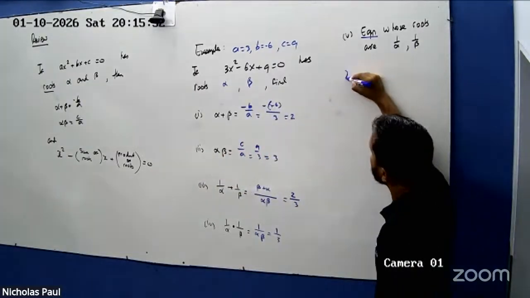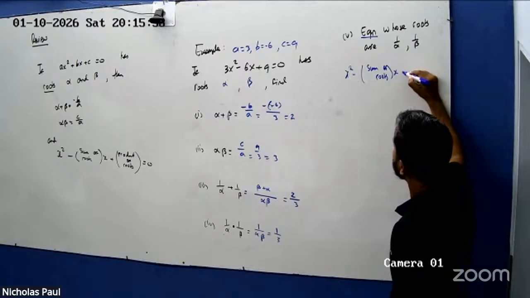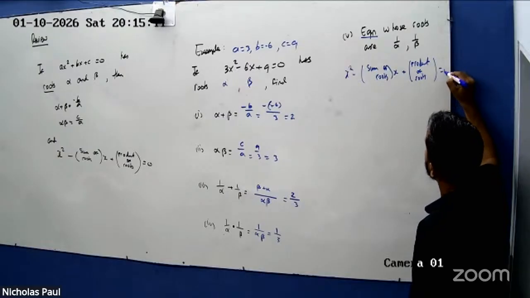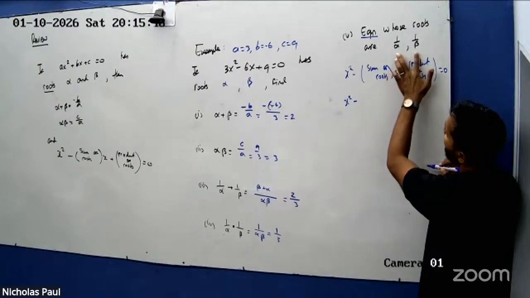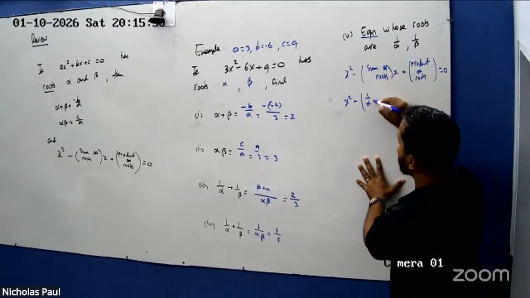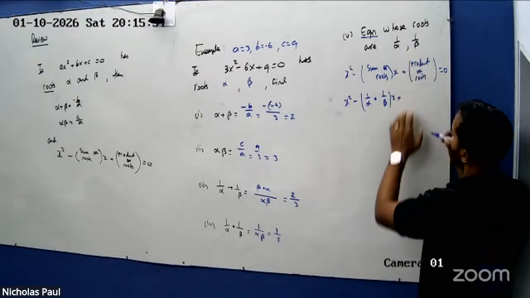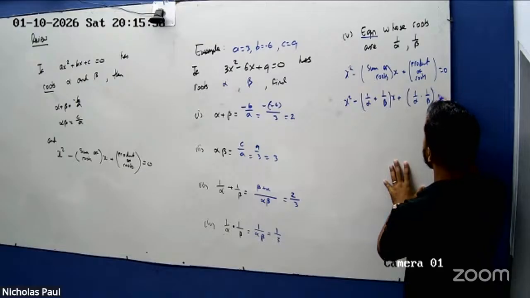Well, it will be x squared minus the sum of the roots by x plus the product of the roots equal to 0. So I need the sum of the new roots, 1 on alpha plus 1 on beta. Then I need the product of the roots, 1 on alpha by 1 on beta.